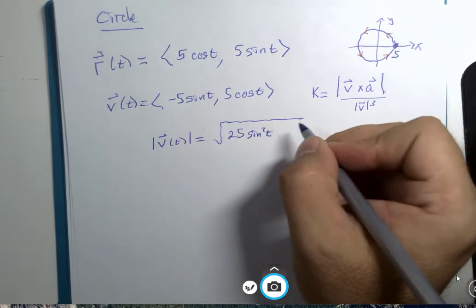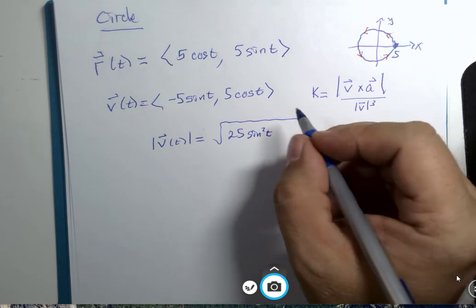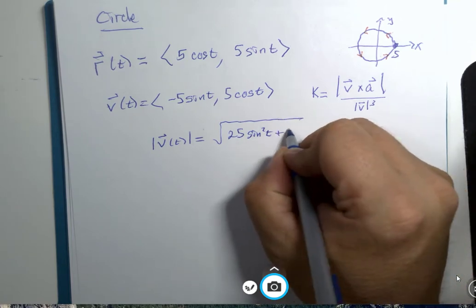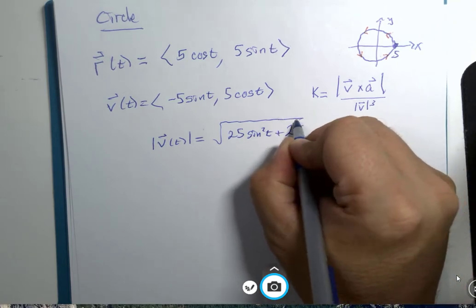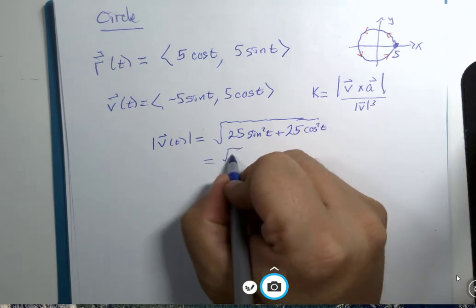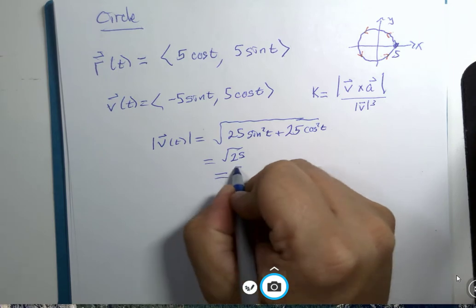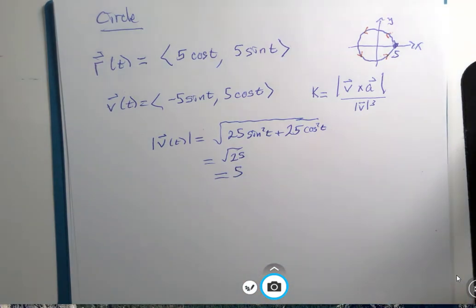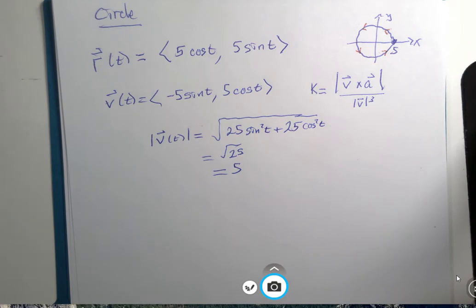I'm writing it out. You've seen me sort of cheat this in a previous segment. And plus 25 cosine squared t. This is going to be the square root of 25, which is 5. They don't always come out to be nice constants, but that's not too bad.